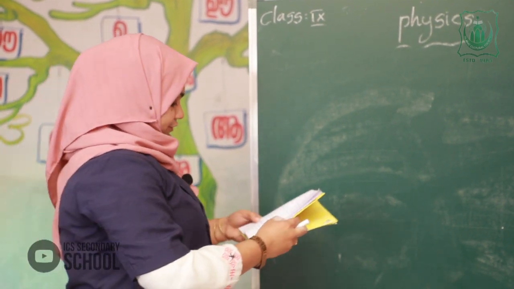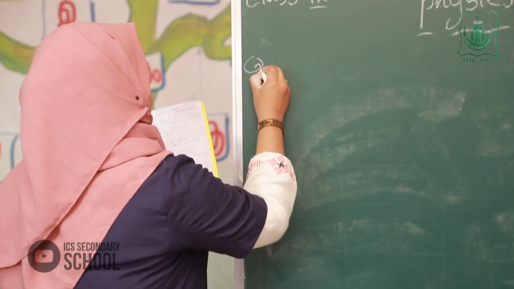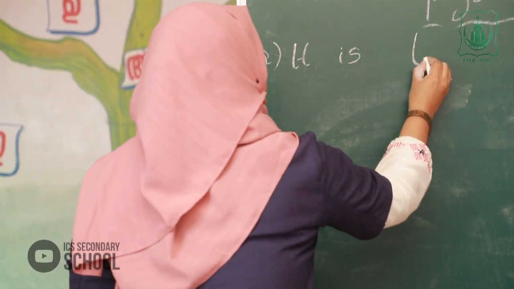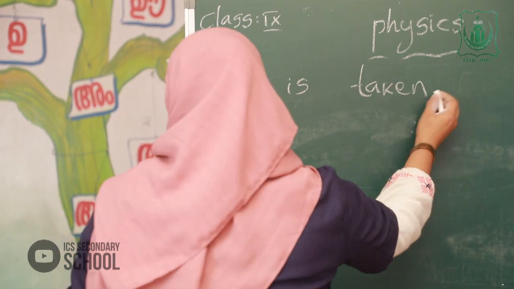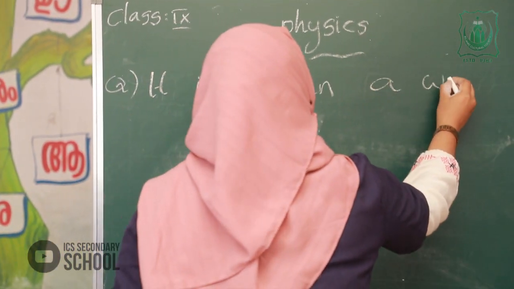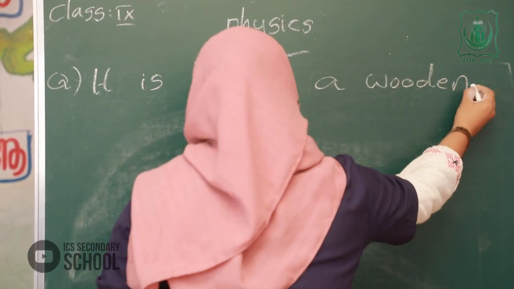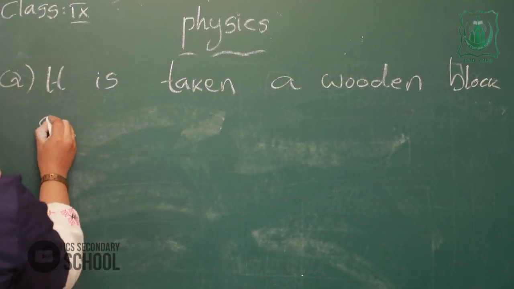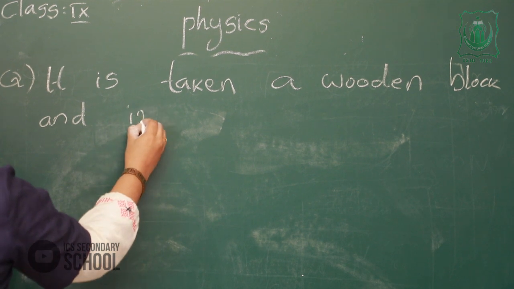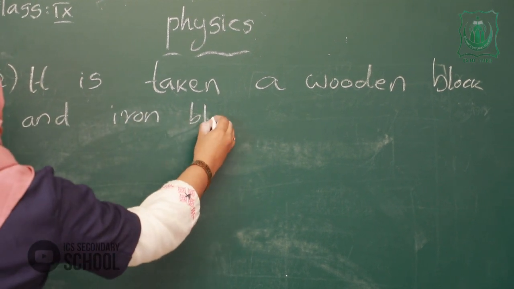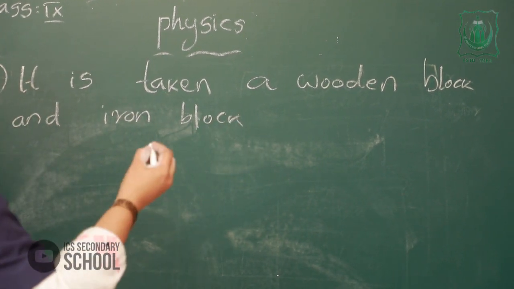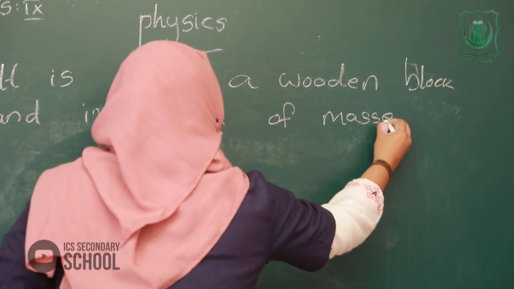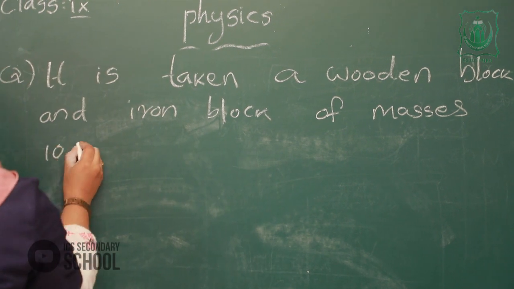A wooden block and an iron block of masses 100 gram each.